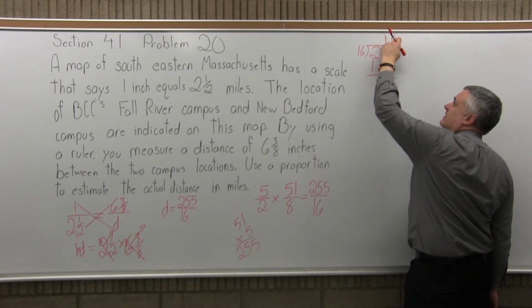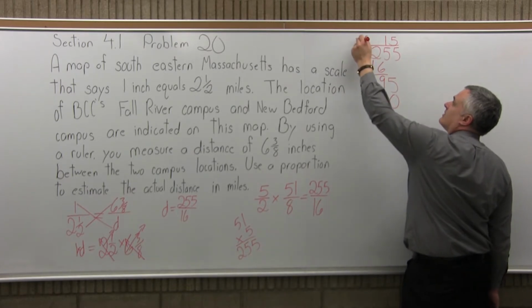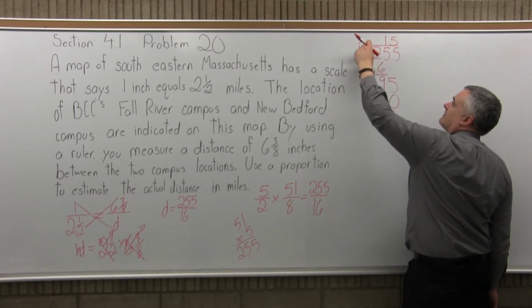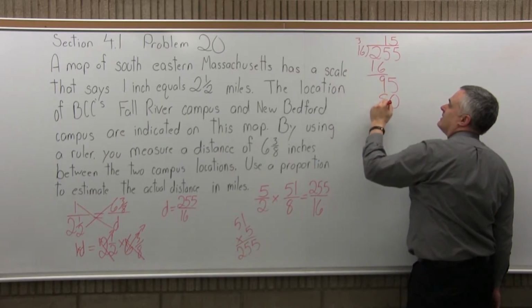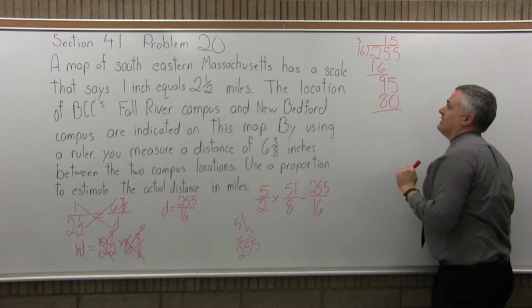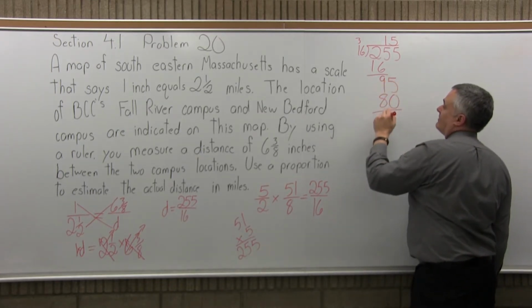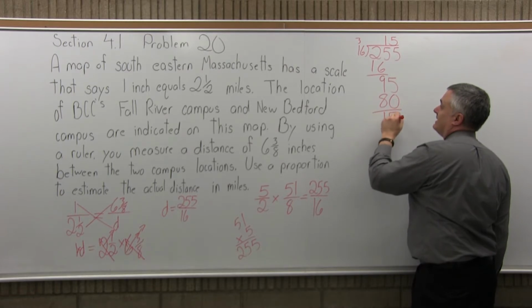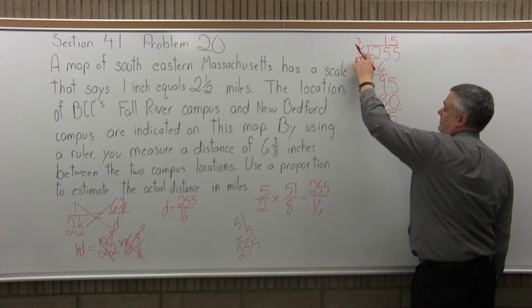So let's try it. 5 times 6 is 30, carry the 3. 5 times 1 is 5, 5 plus 3 more is 8. So I have 80. So that is about what we're going to get. 95 minus 80 is 15. And so it has to be less than the number you're dividing with, and it is.